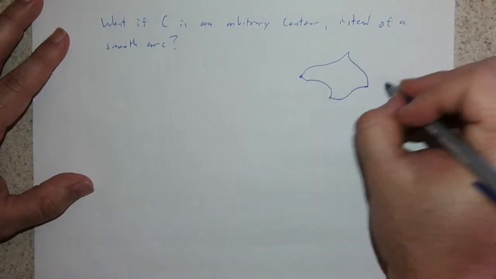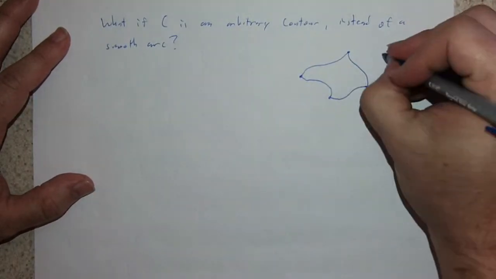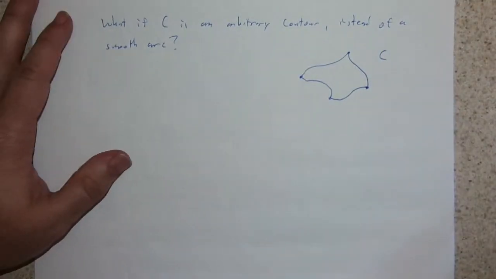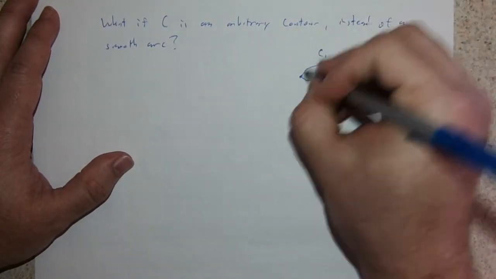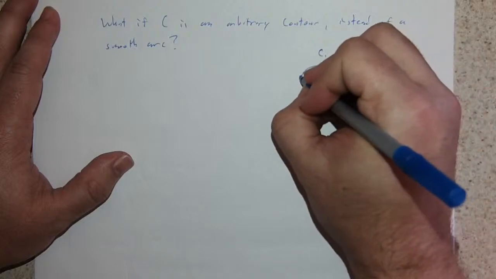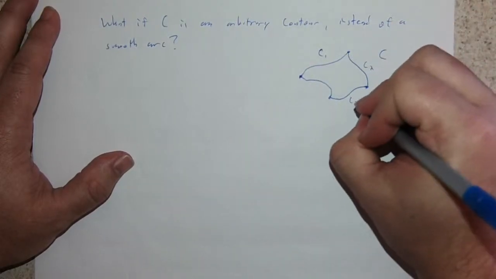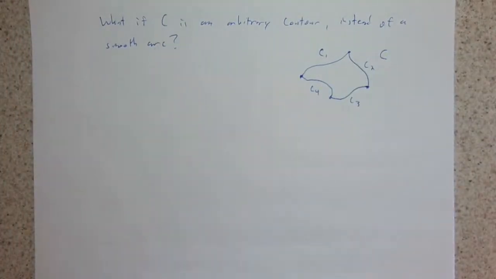So you have these points that are corners. But of course, if that is my contour C, then while it itself is not necessarily a smooth arc, these pieces are smooth arcs. So I would have the pieces C sub 1, C sub 2, C sub 3, and C sub 4 in this case. And in general, C is a finite amount of such smooth arcs.